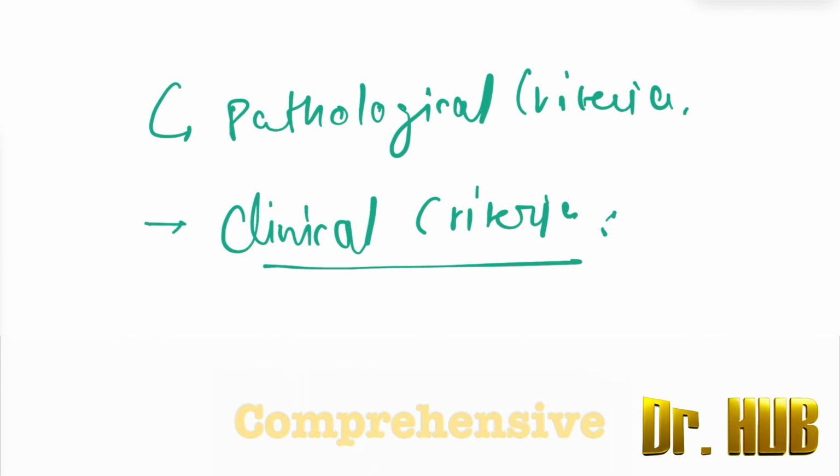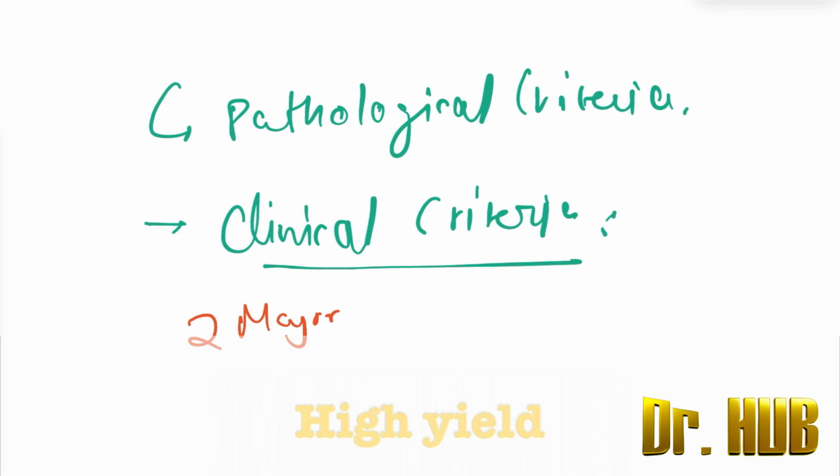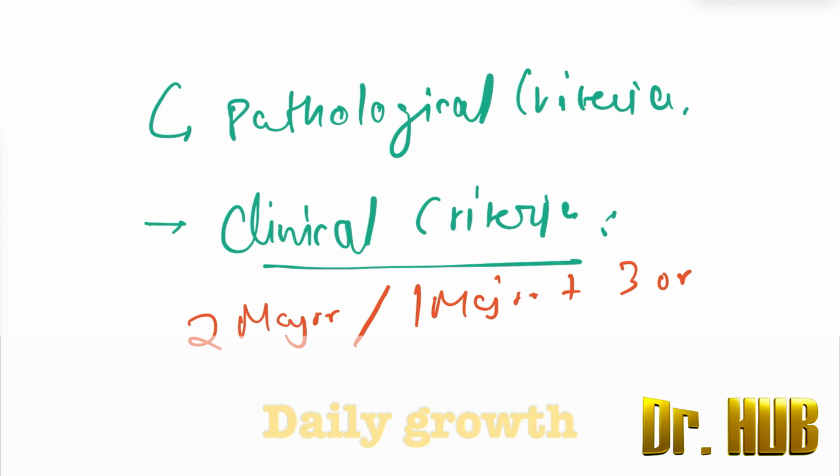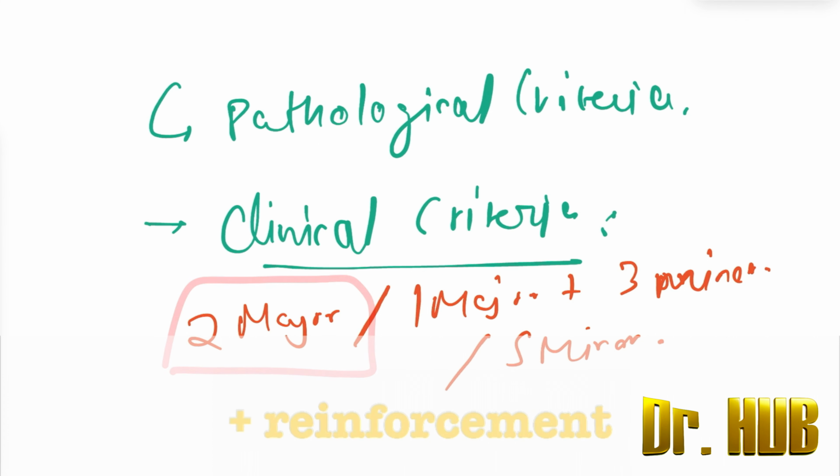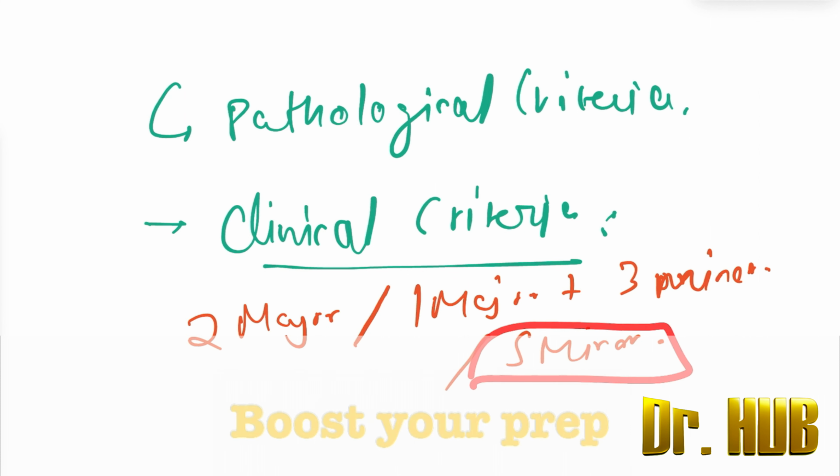If clinical criteria are used, a definitive endocarditis is defined by the presence of two major, or one major plus three minor, or five minor. So it can be two major, one major and three minor, or five minor.